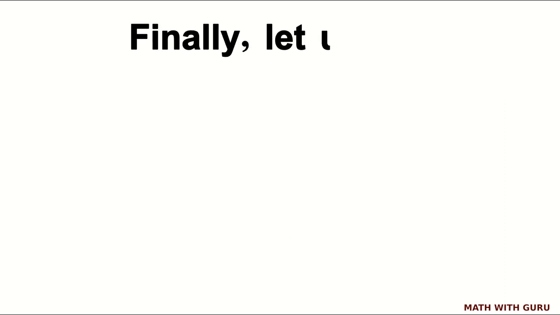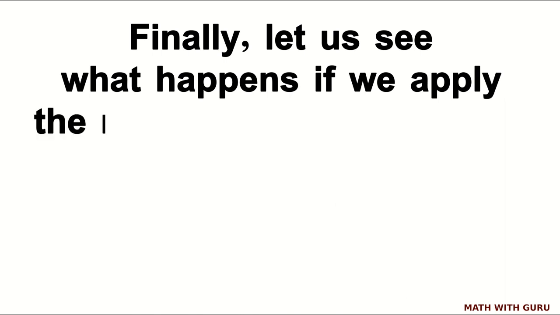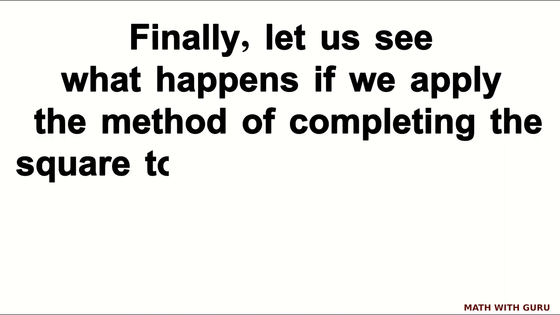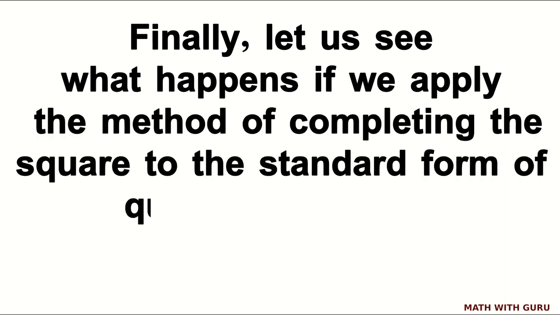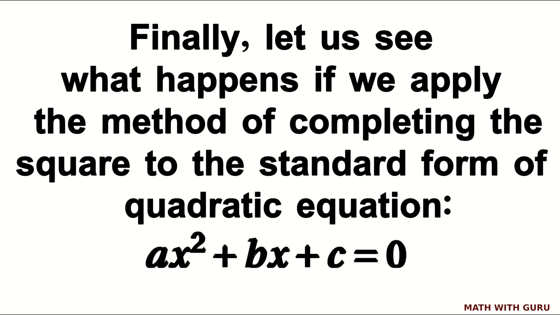Finally, let us see what happens if we apply the method of completing the square to the standard form of quadratic equation ax squared plus bx plus c equals 0. Let me use the second method. Bring c to the right hand side.